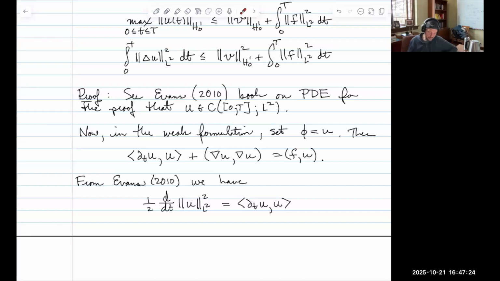It's at least weakly differentiable. Well, actually, no, it's differentiable in the usual sense. And so I can take the derivative of this term here, and I can show that it's actually equal to that. Okay, so this is just a number, and I can show this.